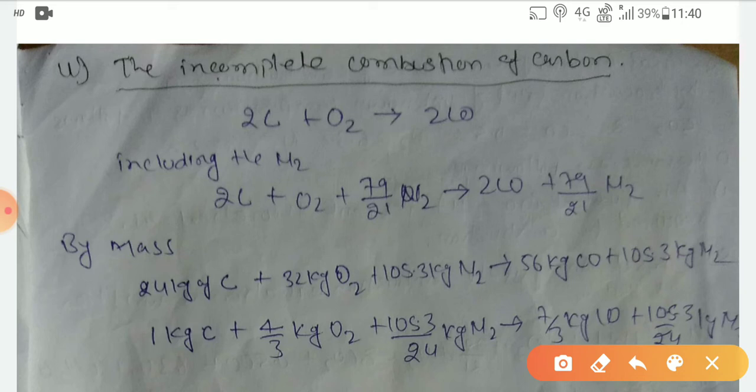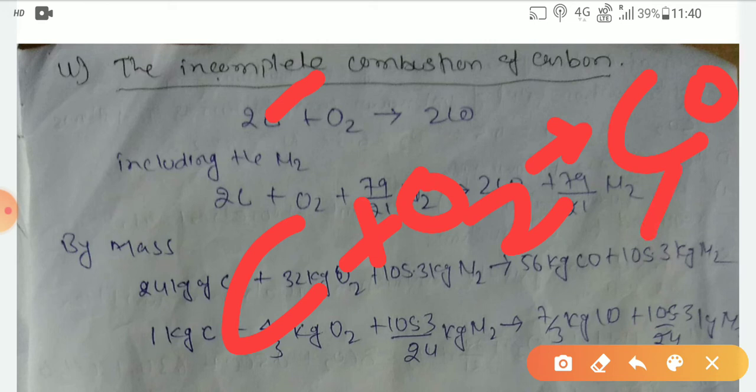You can write C plus O2 as our main equation to give CO. Here there is 1 carbon and here also 1 carbon, but here there are 2 oxygen, while on that side there is only 1 oxygen. So first you have to balance.